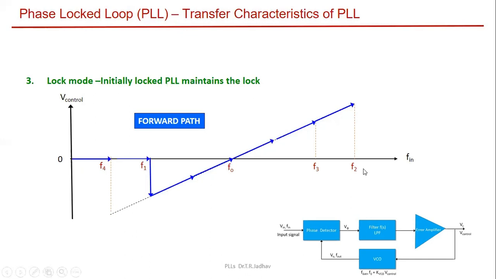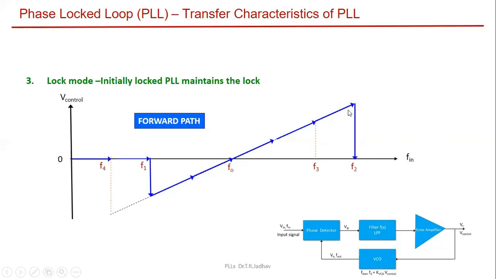And that's why at F2, or rather after F2, it will leave the lock. That means it started acquiring the lock at F1, started tracking the input frequency, established the lock, and then leaves the lock at F2, which is slightly higher than this frequency.